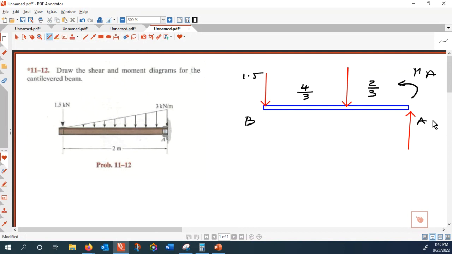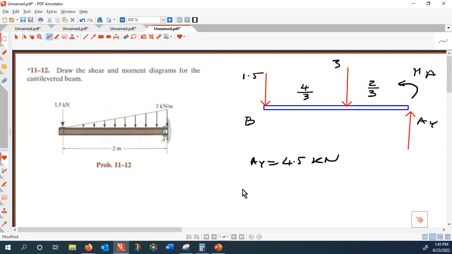So AY is equal to 4.5 kilonewton. How do I know that? Simply adding these two numbers, the vertical forces are 0.